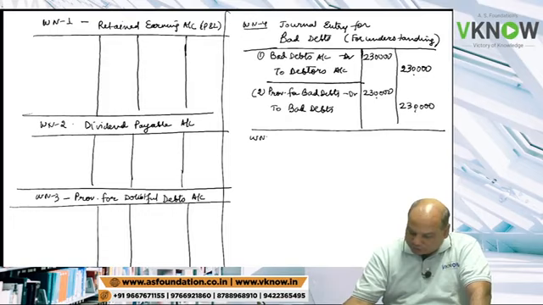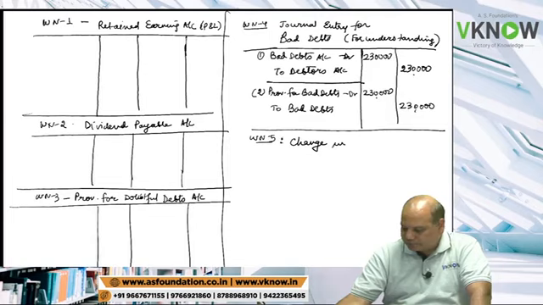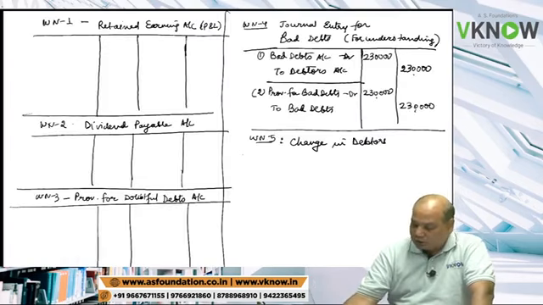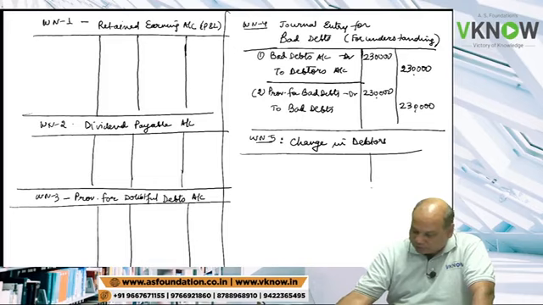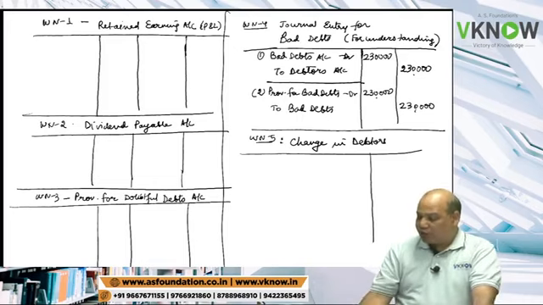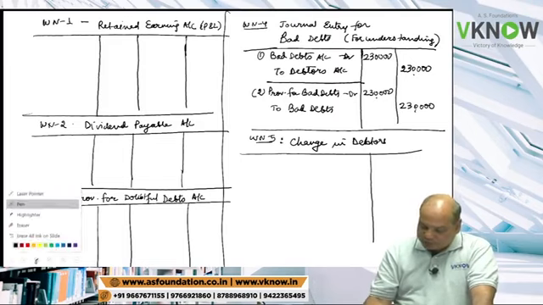And working note 5, write down change in debtors, because this time the debtor account has an adjustment. So therefore, I need to do adjustment of this bad debt.